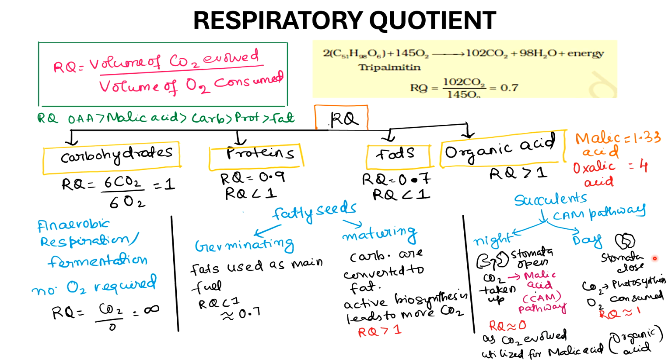Okay, I hope you are clear about the respiratory quotient. I hope you are clear with the different concepts we have discussed in this chapter today, that is respiration in plants. So to read this chapter, understand the concepts first which are there in your glycolytic pathway, Krebs cycle, link reaction, and ETS.